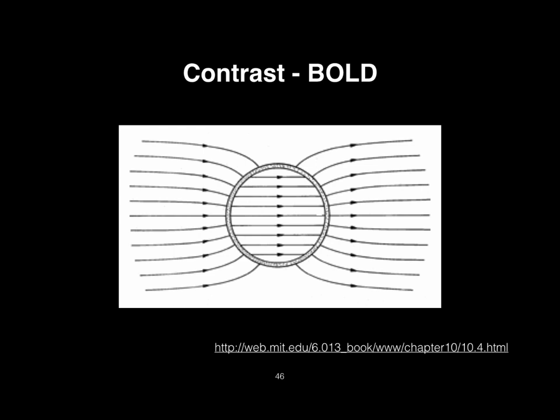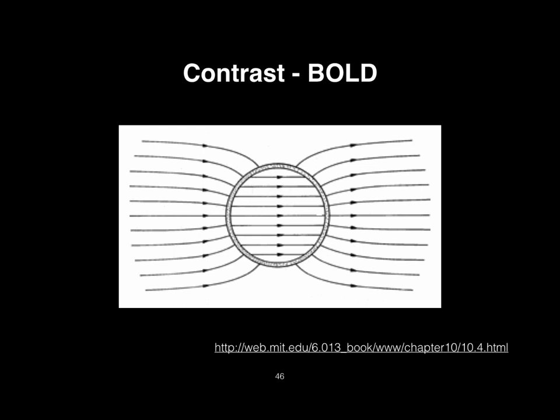It turns out that there's a slight difference in magnetic properties between oxyhemoglobin and deoxyhemoglobin. When that oxygen molecule gets taken up into the tissue for metabolism, that heme core has some iron in it that's more exposed, and it creates a slightly stronger local magnetic field, and that's what's showing here.